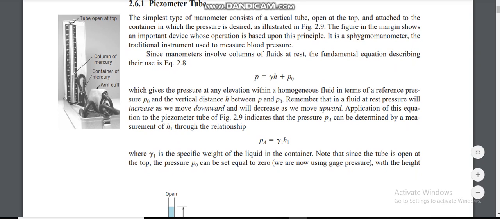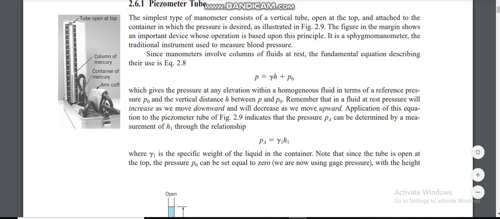Remember that in a fluid at rest, pressure will increase as we move downward and will decrease as we move upward. Application of this equation for the piezometer tube indicates that the pressure P1 or PA can be determined by measurement of H1 through the relationship.